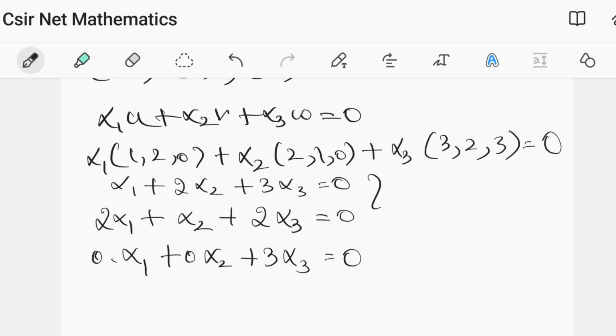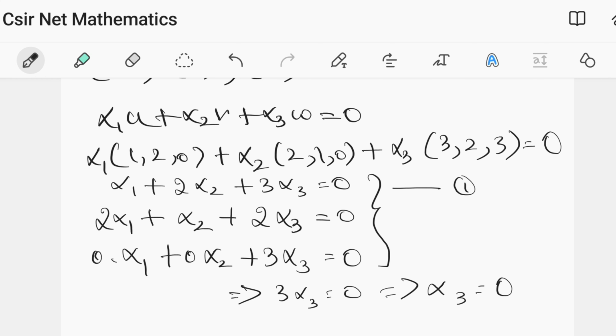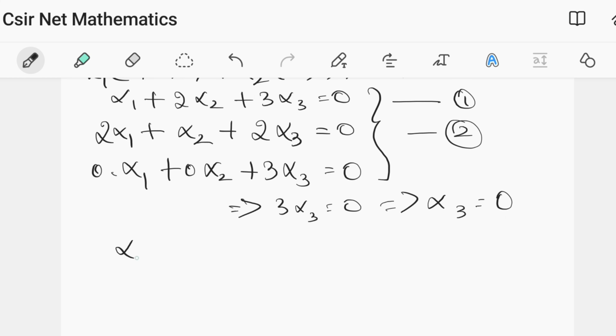From the last equation, 3 alpha 3 equals 0, which implies alpha 3 is equal to 0. Substituting in the first two equations, we get alpha 1 plus 2 alpha 2 equal to 0 and 2 alpha 1 plus alpha 2 equal to 0.